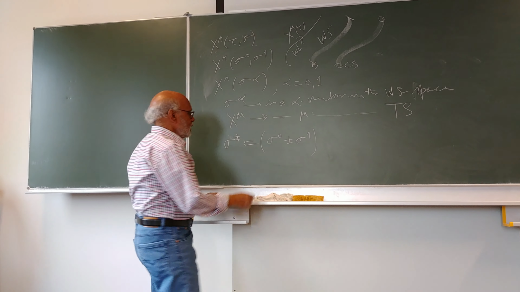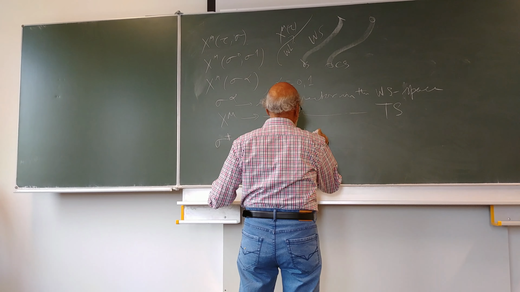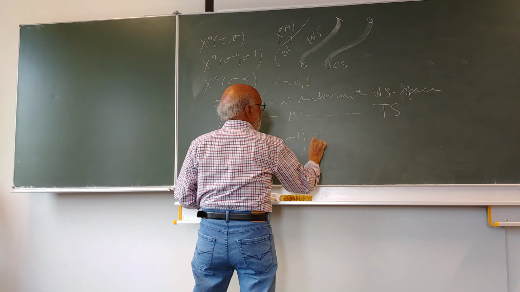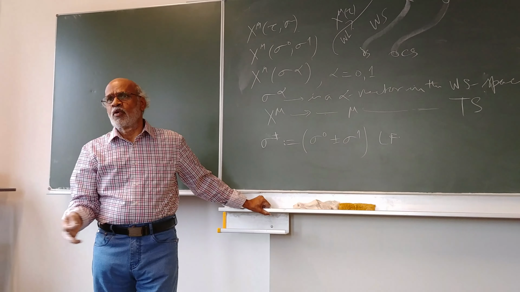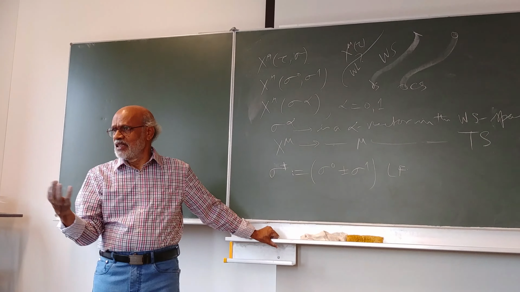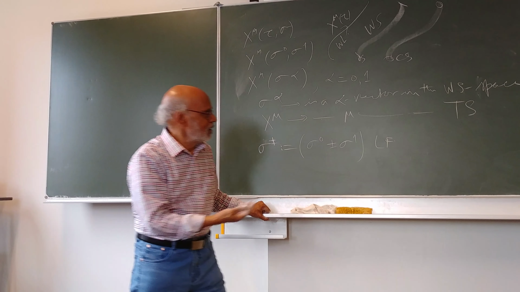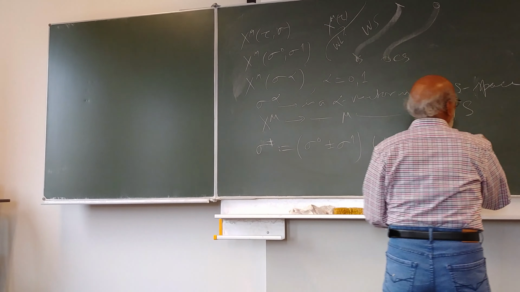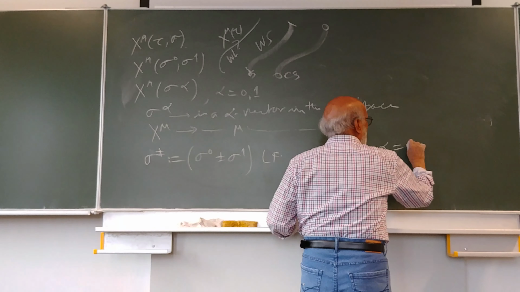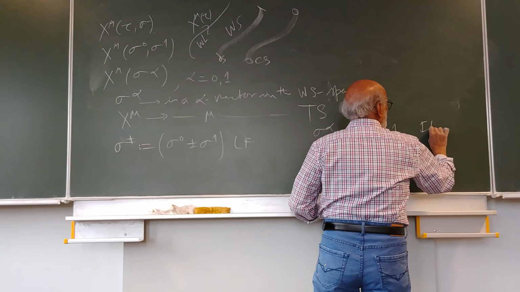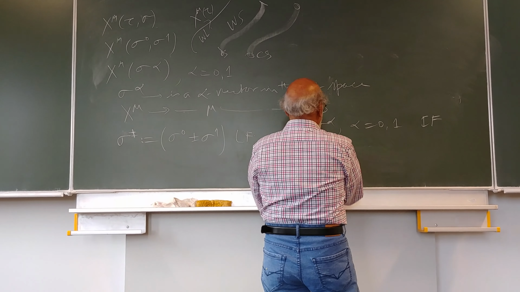Okay. So instead of dealing with this in the instant form, many times light-cone dynamics has lots of advantages over the instant form. So when you have this sigma alpha with alpha equal to 0 and 1, you call it instant form of dynamics.